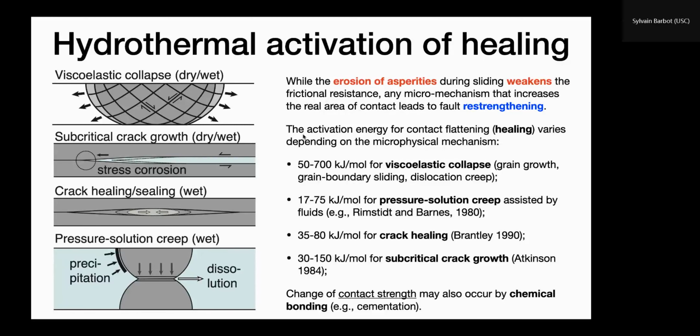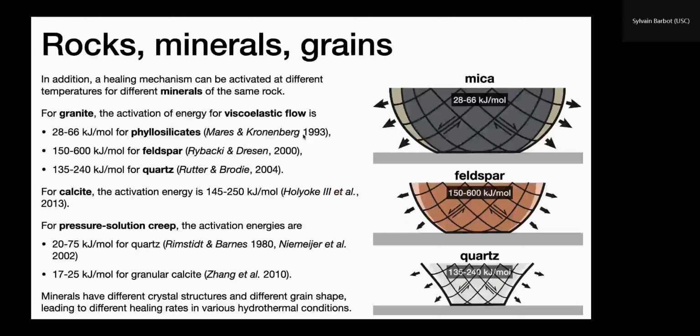So different mechanisms. The second layer of consideration is that we have heterogeneities, and a gouge is made of a rock, and the rock is made of different rock forming minerals.